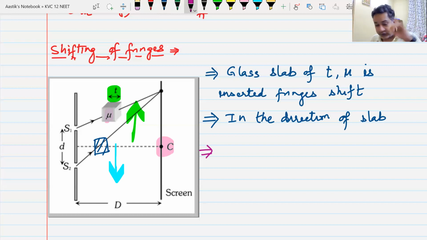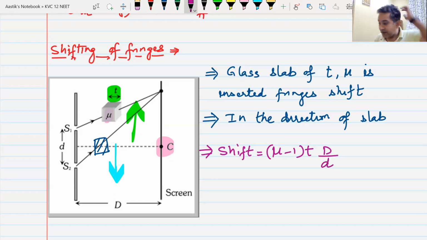Now, we have also seen in which direction it shifts. How much is the shift? There are two ways of remembering the answer. The shift is (mu minus 1) into T multiplied by D by d. This is one way of remembering it.